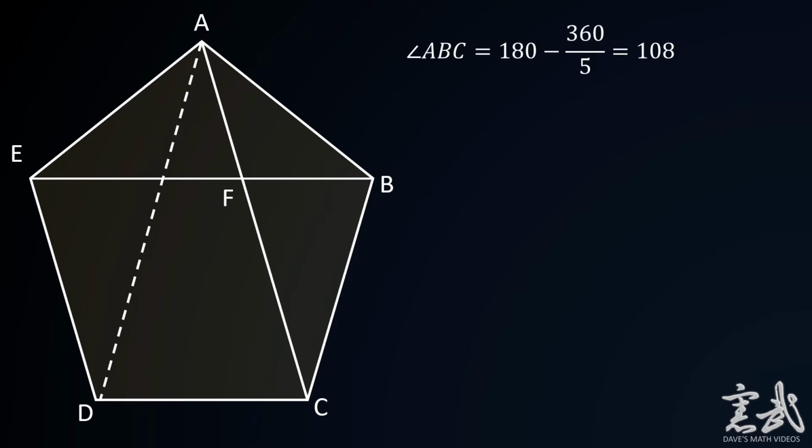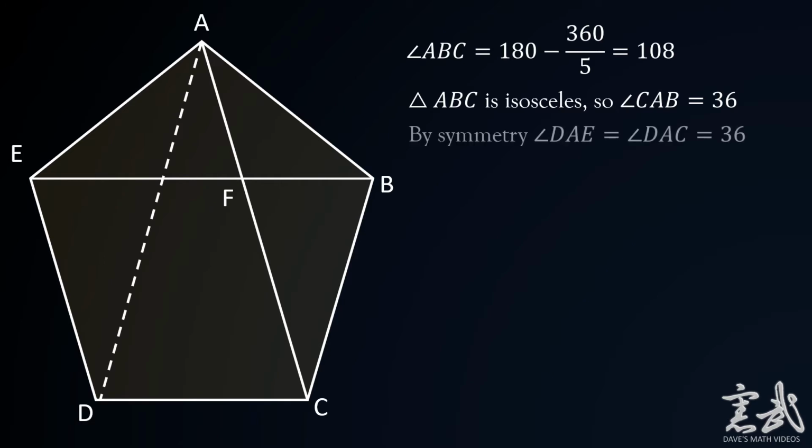Since this is a regular pentagon, we can say that angle ABC is equal to 180 minus 360 over 5, or 108 degrees. Moreover, since ABC is isosceles, we can say that angle CAB is equal to 36.